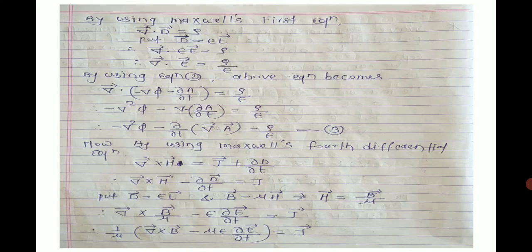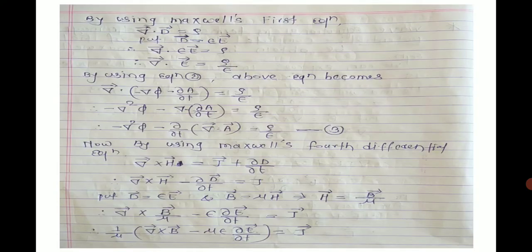Then the remaining term is del cross B minus mu epsilon ∂E by ∂t, because 1 divided by mu is common out of the two terms, del cross B divided by mu minus epsilon ∂E by ∂t. That means multiplying by mu in the second term. The equation is 1 divided by mu in bracket del cross B minus mu epsilon ∂E by ∂t is equal to J.